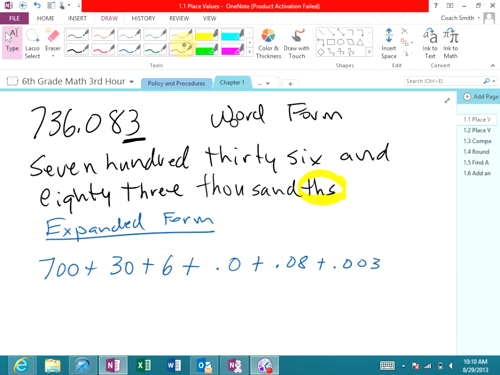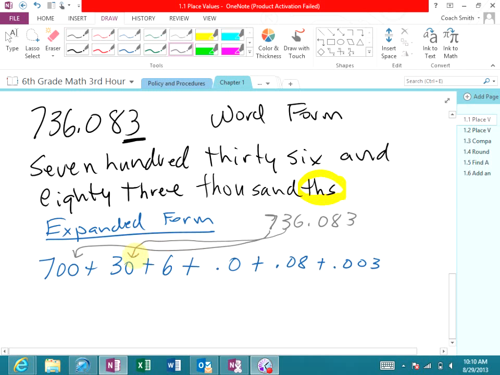Basically, what we're doing is this. I'm going to rewrite the number right here so I can show you. We're taking each of the place values. That's in the hundreds place value, so we wrote 700. This is in the tens place value, so we wrote 30. When you get over here, that's one place behind the decimal.